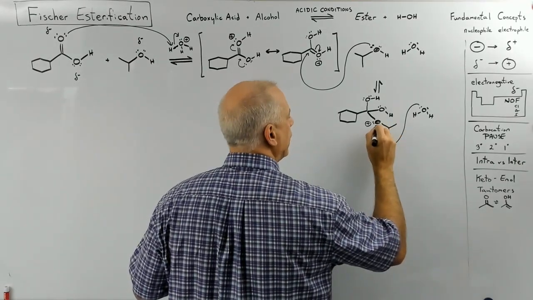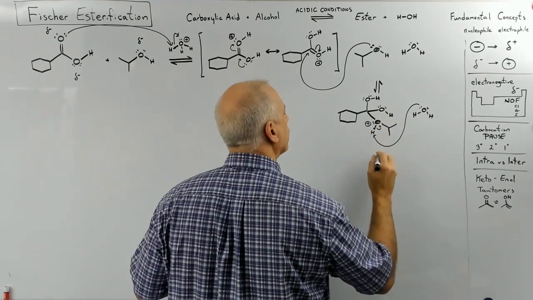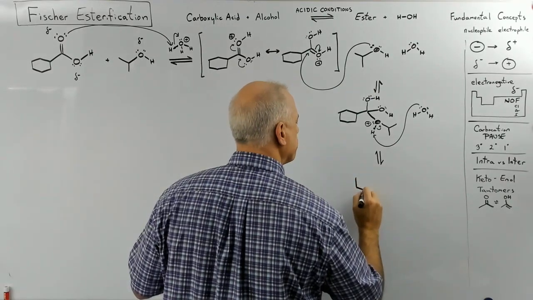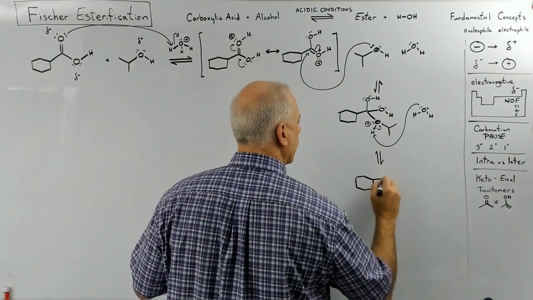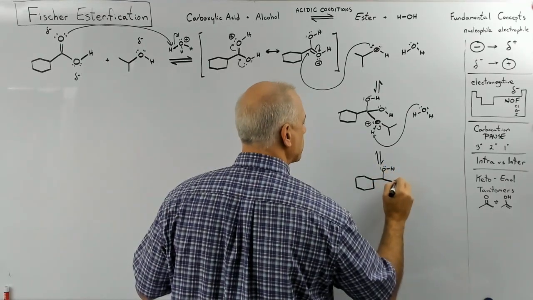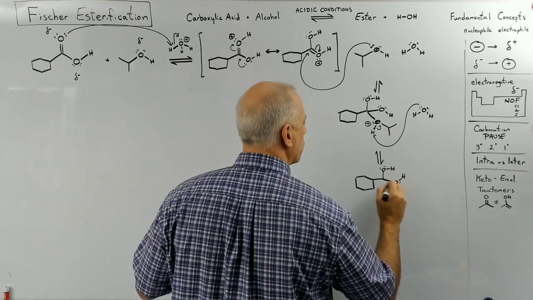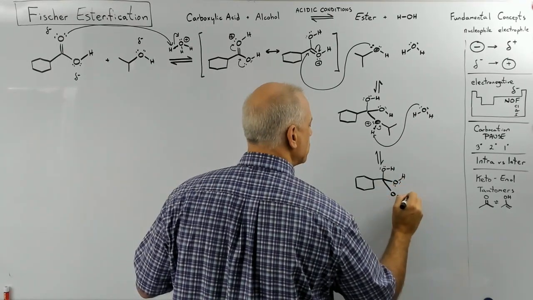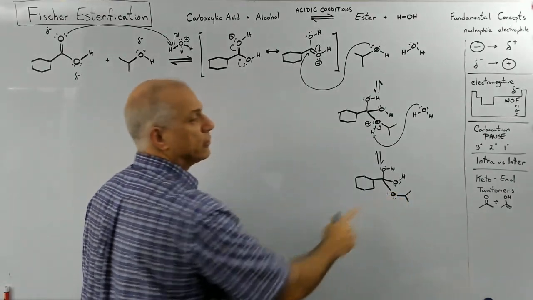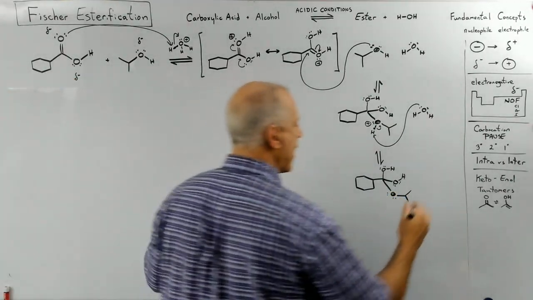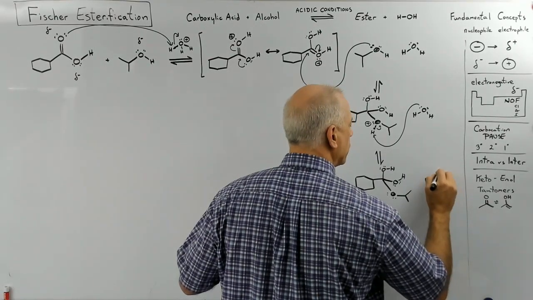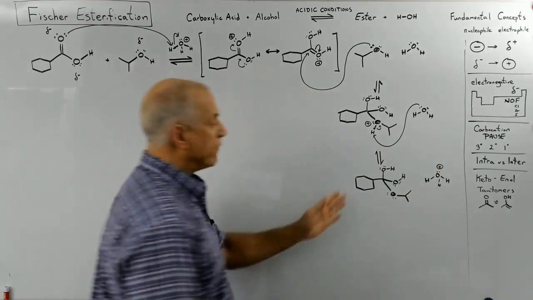These electrons then will come back onto here, and now we're going to have a neutral compound overall, where we have three OHs, three oxygens, each one of them neutral. This oxygen down here, that's the tagged oxygen that was originally from the alcohol. And we have our acidic conditions, our hydronium, and we have a neutral compound.